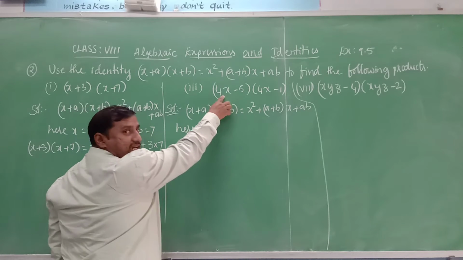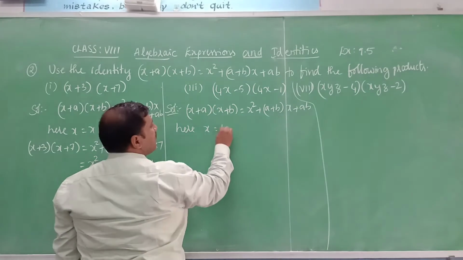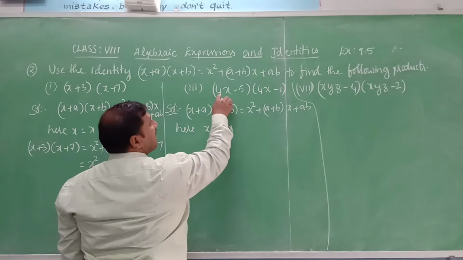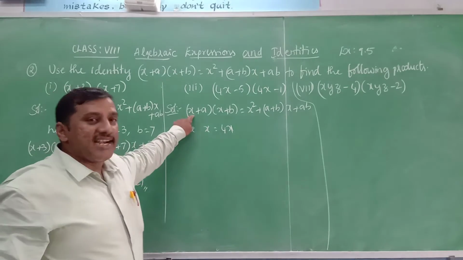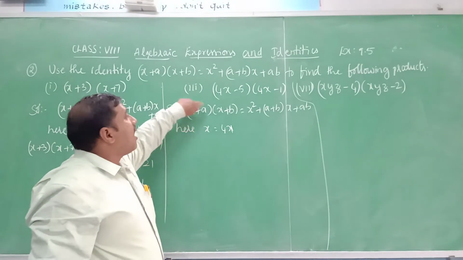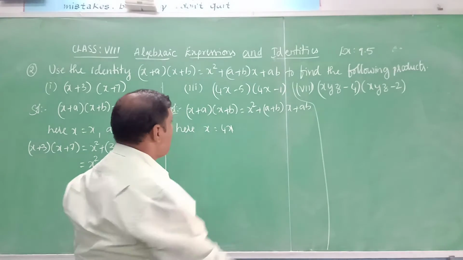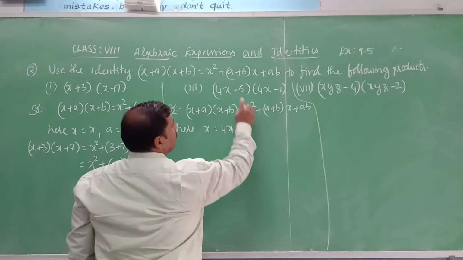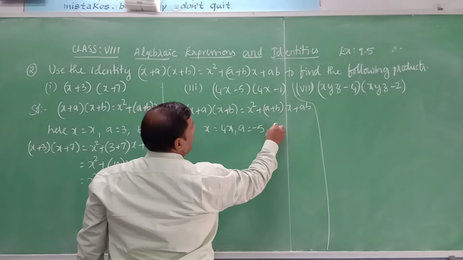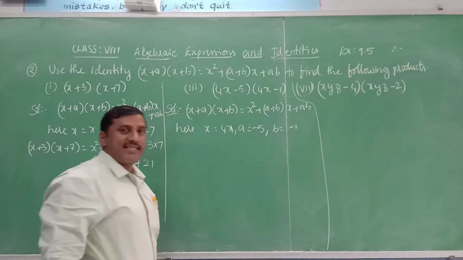What is the first term here? Yes, 4x. So we should consider x as 4x because in the identity x is the first term, and here in the question the first term is 4x, and then a is equals to minus 5 and b is equals to minus 1.